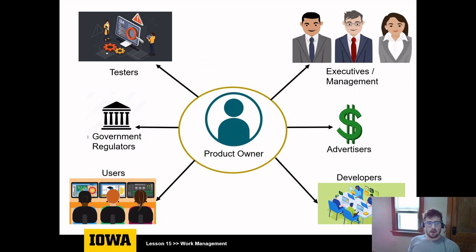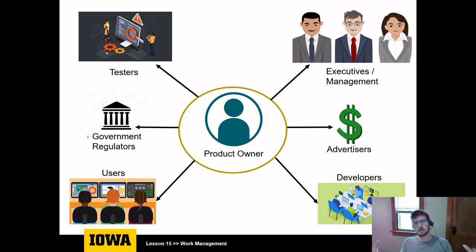Okay, so let's think about this next diagram here. And let's, for example, take a mainstream software product like YouTube.com. And if we think about this product, there are a lot of different people that have a vested interest in what this product does, what this product is, how this project is built, and so on.